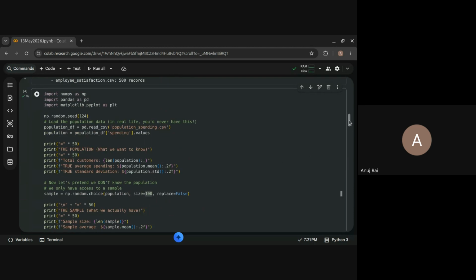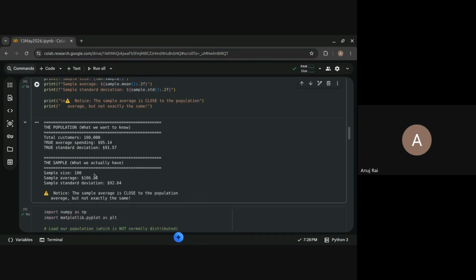Then you again repeat the process. Definitely you will get some other sample average. You keep on repeating it. Let's say you do it 5 times, and if you take the average of the averages, it will start becoming closer to this.